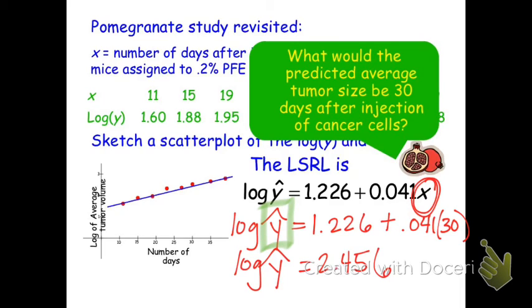Okay, so what is the opposite function of a log? How would I get rid of that log on the y? It's log base 10, right? Because there's no base there, so we assume that it's 10. So y hat would equal what? Yeah, 10 to the 2.456.